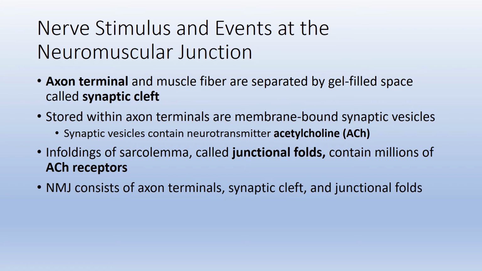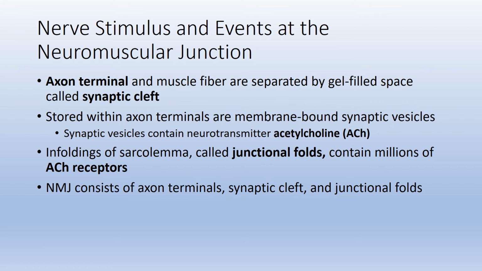Now, moving across that synaptic cleft or that space, and now looking at the sarcolemma or the plasma membrane of a muscle fiber, it folds in on itself. It folds up and then it dives down.